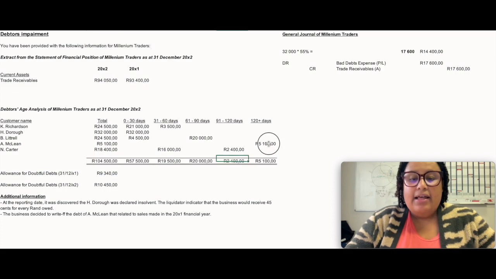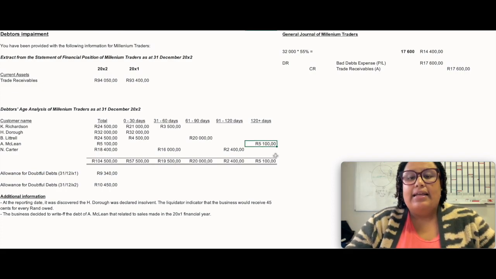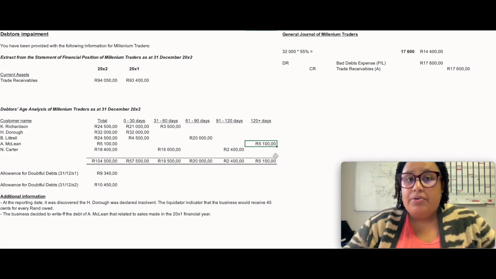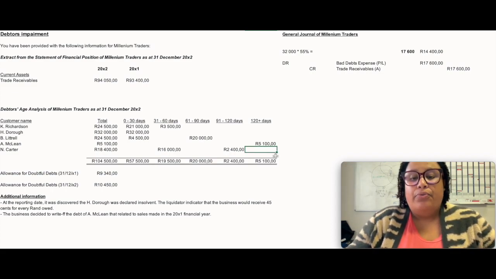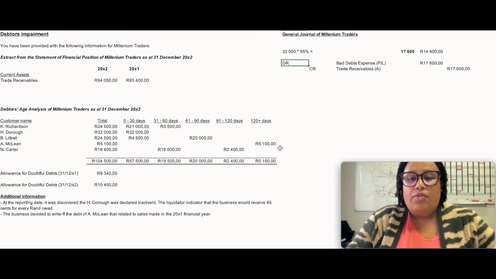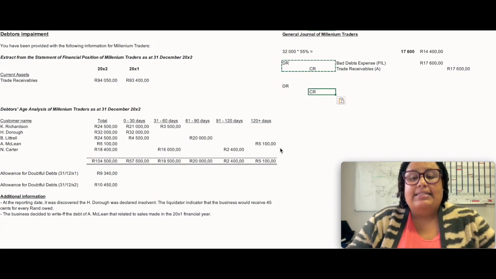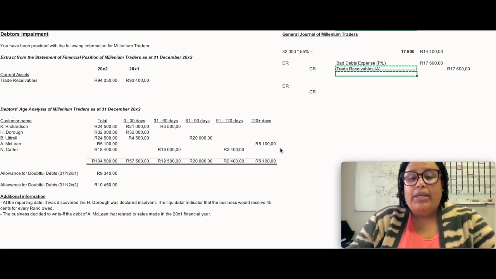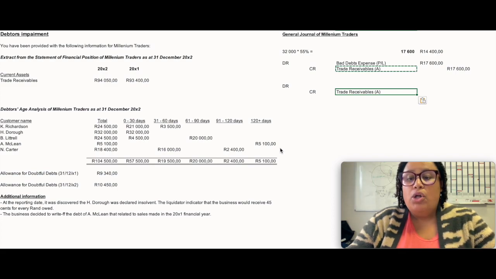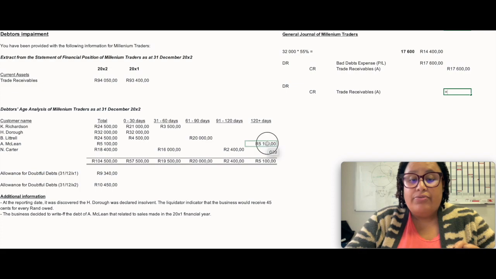Now in the second example, we have a debtor, A. McLean, that is long outstanding, and the business has decided that this amount is not recoverable, so that needs to be written off. So if we were going to do a journal entry for that, we know that this is a specific debtor that is being written off, so as in the previous example, we are going to credit trade receivables.